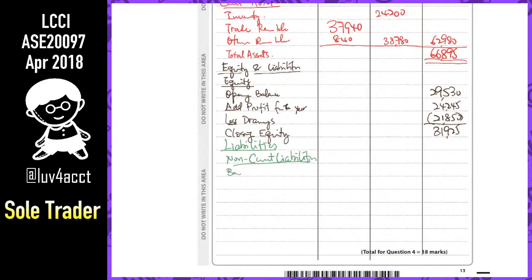Bank loan 1,500, and then current liabilities.